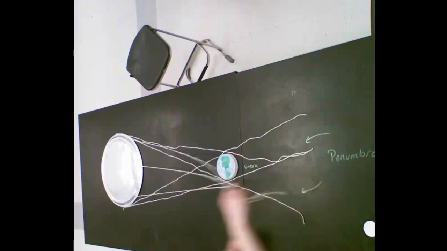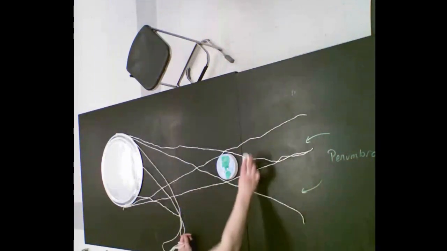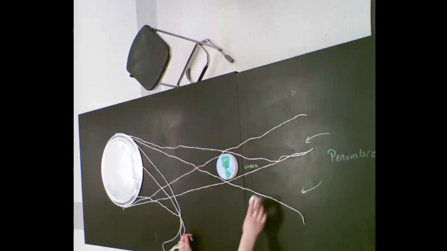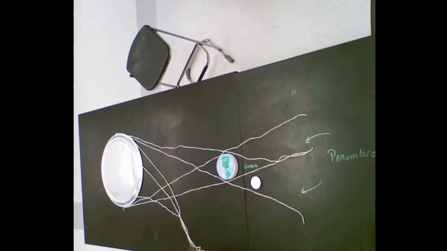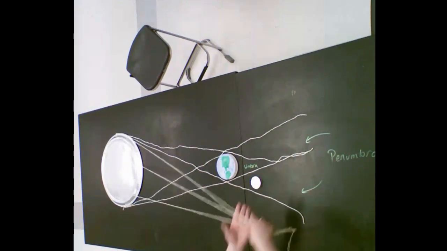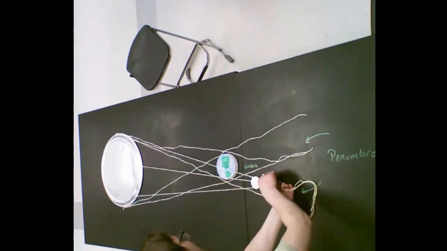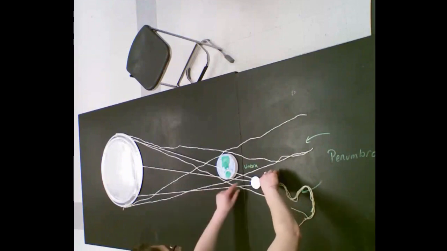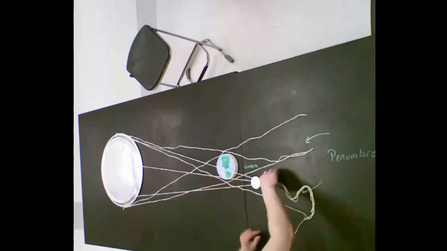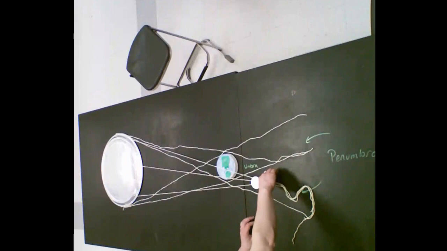They're in that shadow. So what does this mean in terms of an eclipse? Well, our moon revolves around the Earth, and it can be in the penumbra, meaning some light will be blocked from hitting the moon, but some light won't. This one won't, these two will. This is a penumbral eclipse.